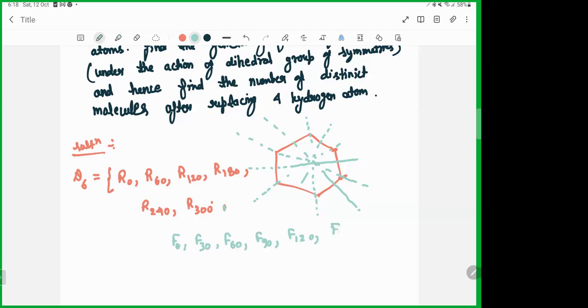Basically one, two, three, four, five, six. So we have six symmetries.